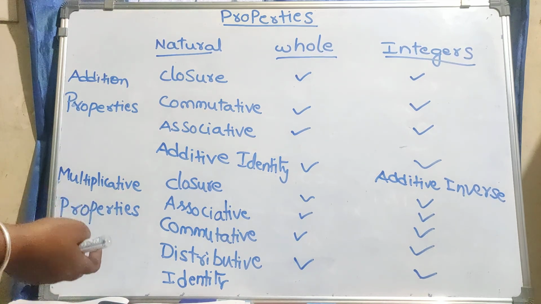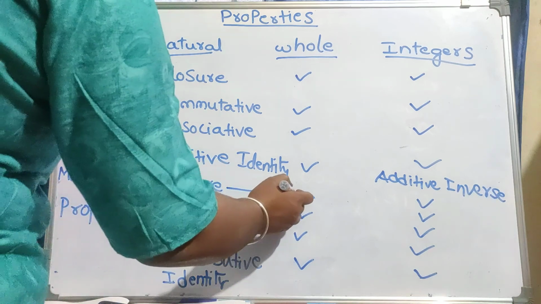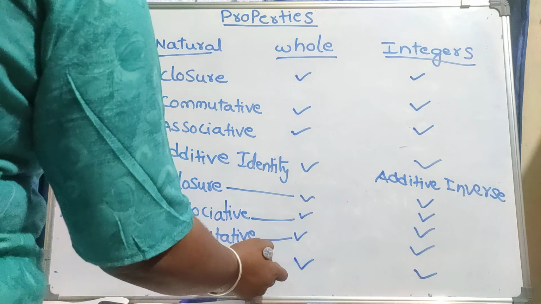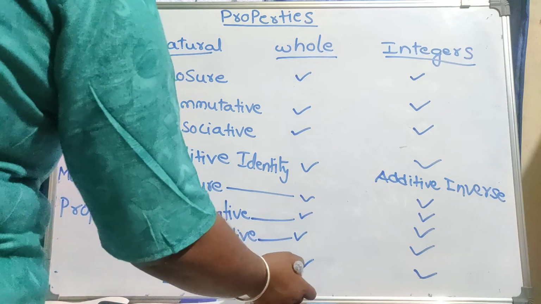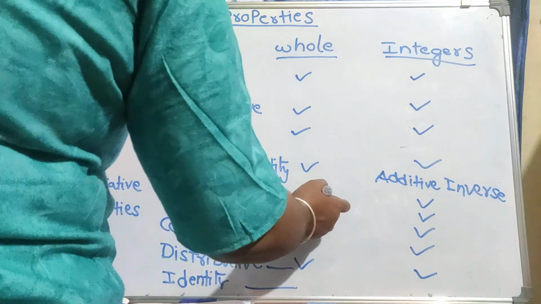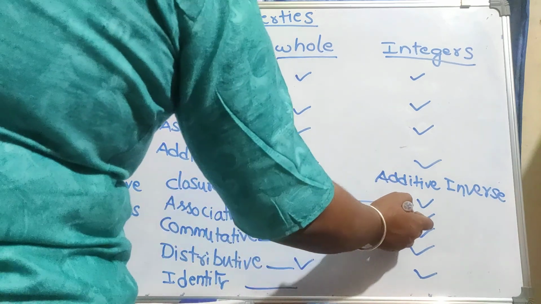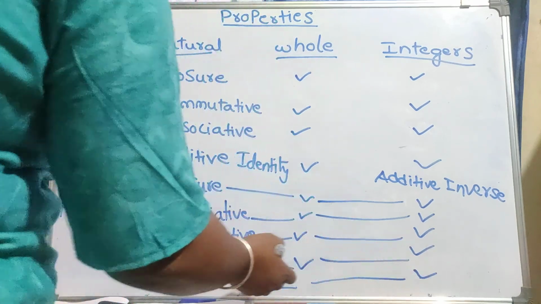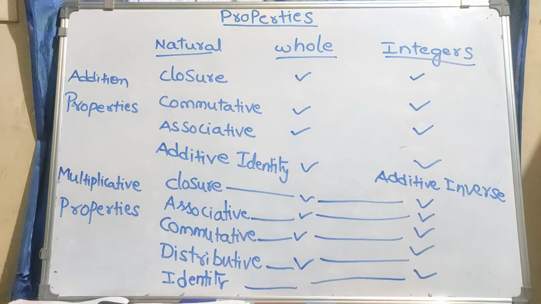In whole numbers also, the same properties repeat: closure, associative, commutative, distributive, and identity. And in integers also, the same properties we have: closure, associative, commutative, distributive, and identity. So these are the main properties we have for natural numbers, whole numbers, and integers.